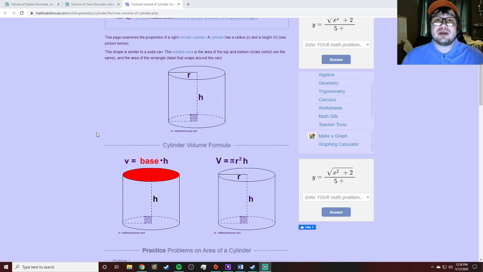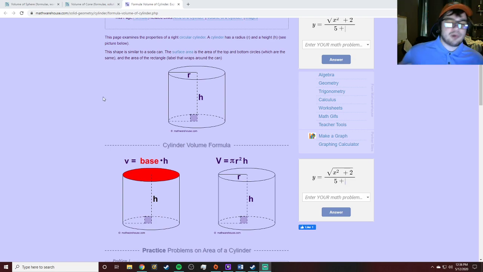You could also have technically a circumference, which we know is pi times the diameter. Using some algebra, you can find the diameter and then cut that in half. So again, we're dealing with finding the radius. So it's important to know what the radius is.